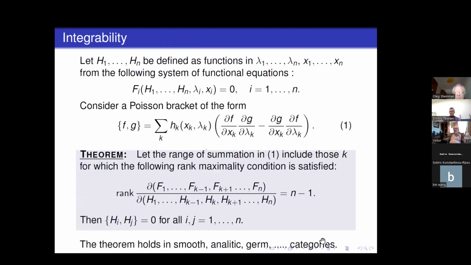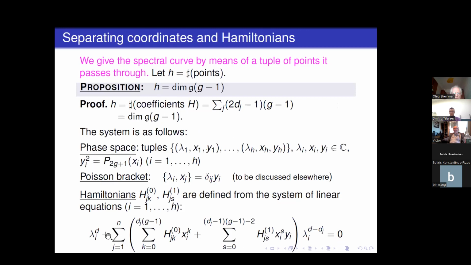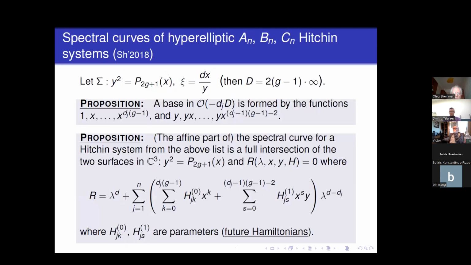Let me show this. So these are the derivatives of R in lambda and in hj. I just replaced this complicated index by one letter there.